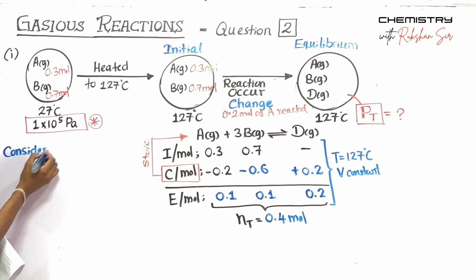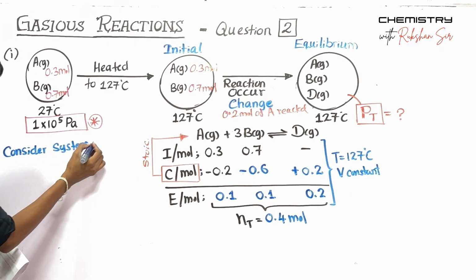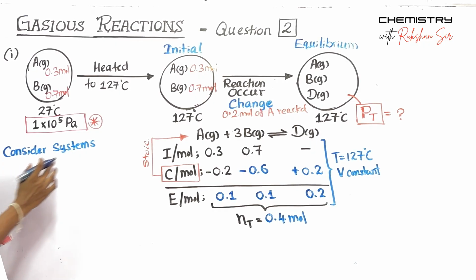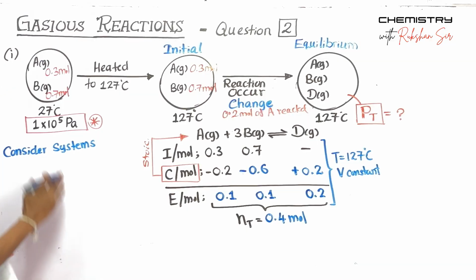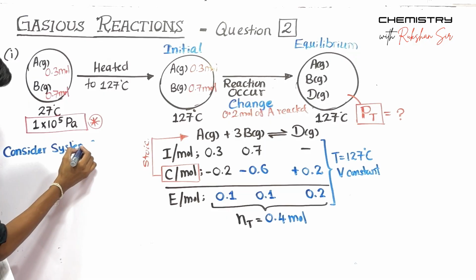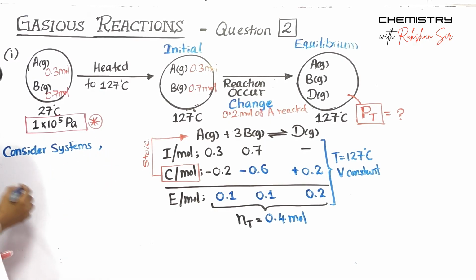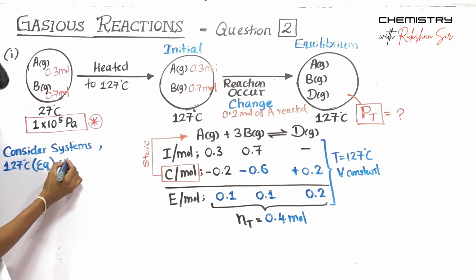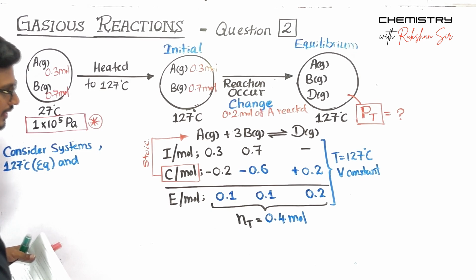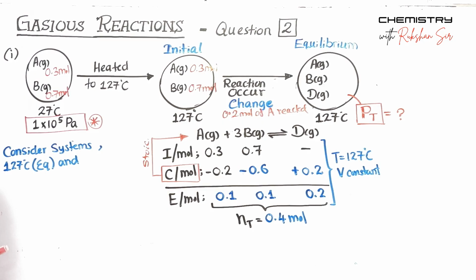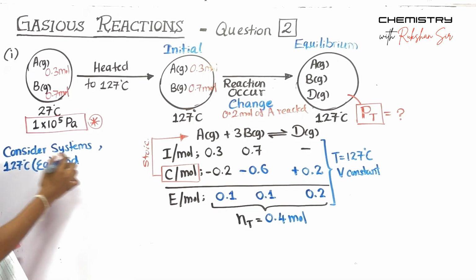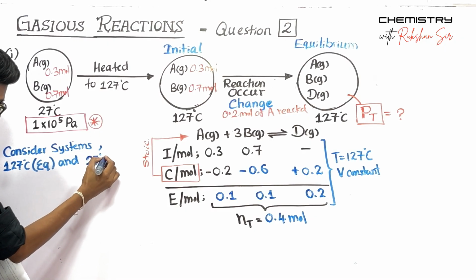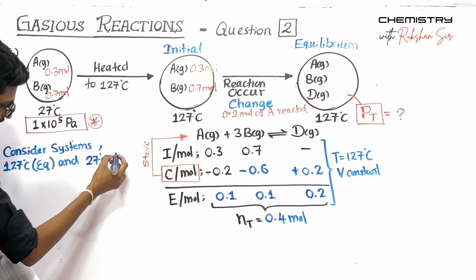Consider these two systems: the 127 Celsius equilibrium system, and this one, 27 Celsius beginning.